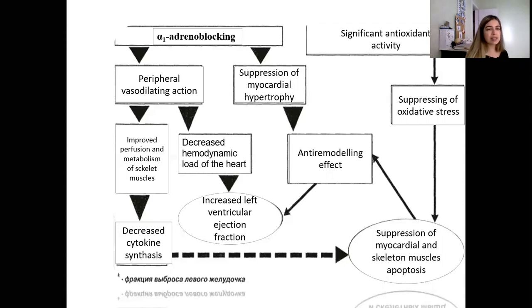All this is connected with the effects of adrenergic drugs. And let's see what happens if we block alpha-1 adrenoreceptors.